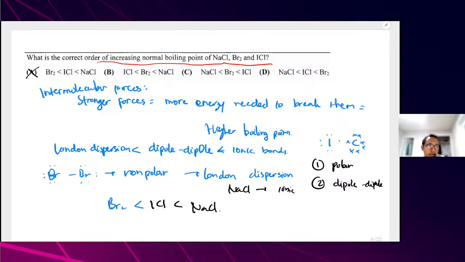Intermolecular forces: van der Waals, or London dispersion, is the weakest, and hydrogen bond is the strongest. This one is easy to remember. And then dipole.